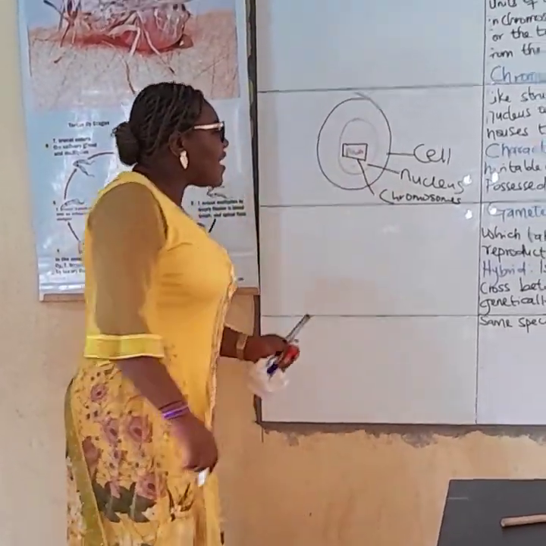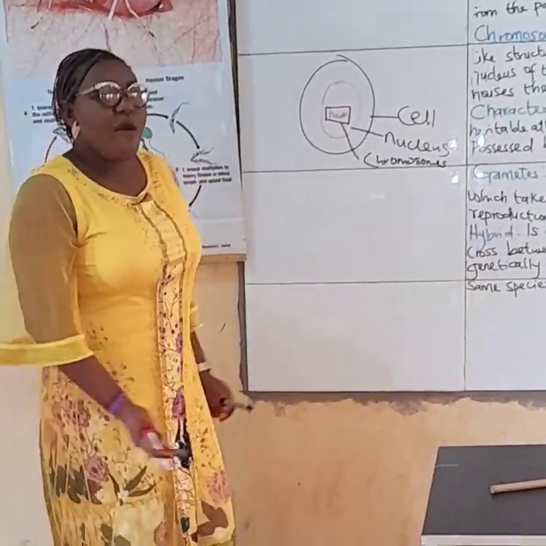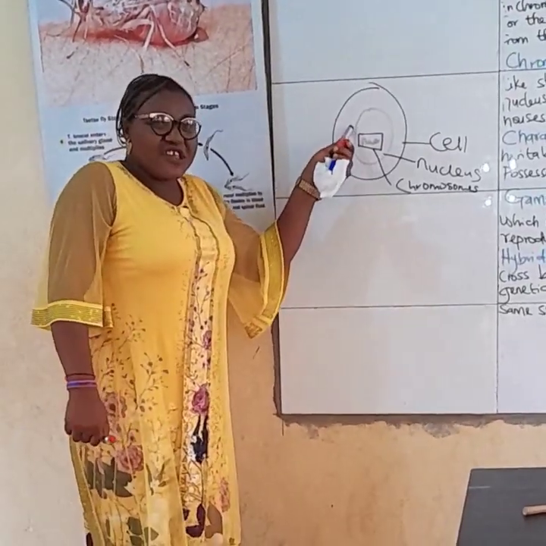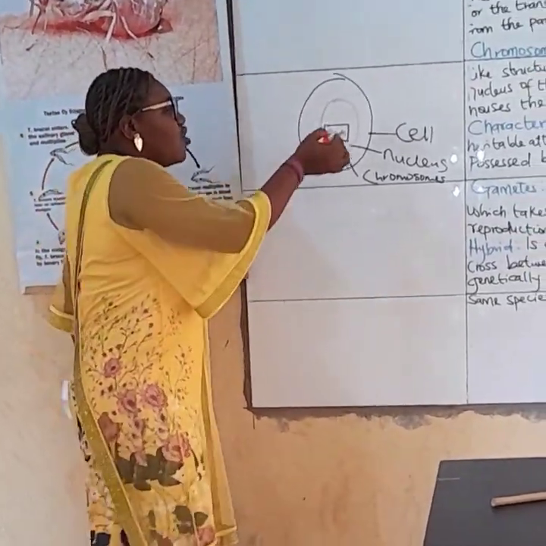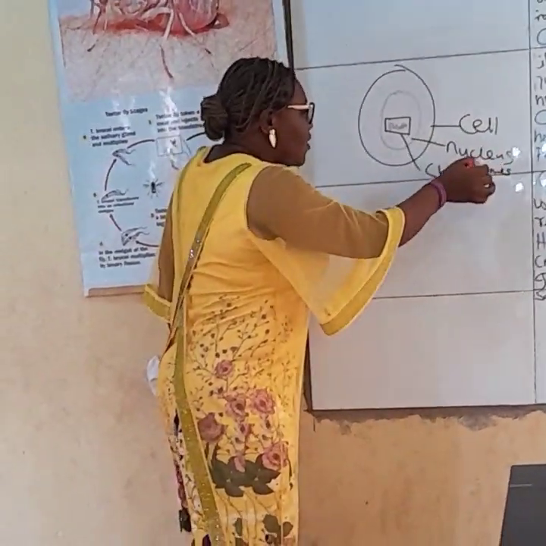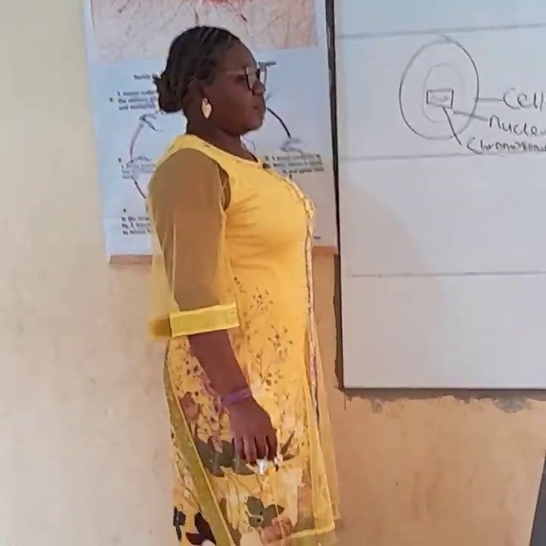And that is why we say that chromosomes house a gene. So coming from outside, for you to see a gene, you must first see a cell, see the nucleus, see the chromosomes before you will now see the genes.